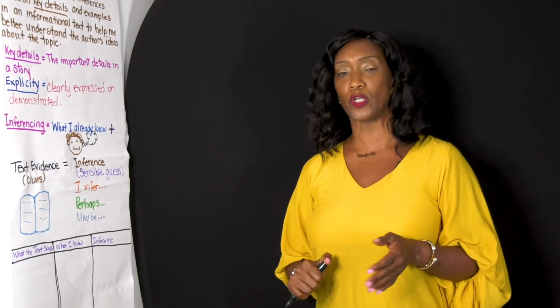For example, let's see if we can do this. Okay, let me give you a short story, and I want you to tell me if you can make an inference from it. Mary and Jane went fishing on a Sunday afternoon. The sky began to get dark. The wind began to blow. The seas began to get rough. What do you think was going on?